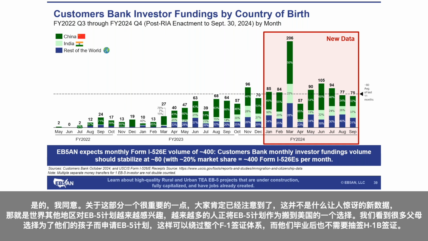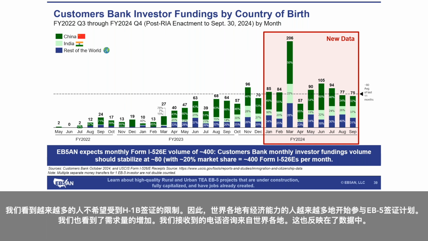Yeah, I agree. And I think one of the big stories here, and people have definitely touched on it, this isn't crazy new data, but the rest of the world continues to become more interested in EB-5, and more people are using it as an option to move to the US. You're seeing a lot of parents choosing to do EB-5 for their children and just bypassing the whole F1 system, not having to deal with an H-1B lottery after graduation.